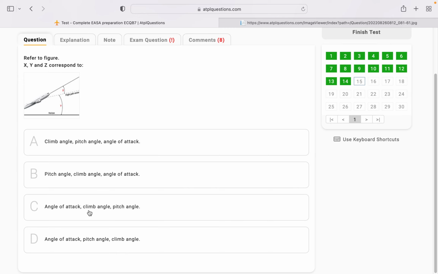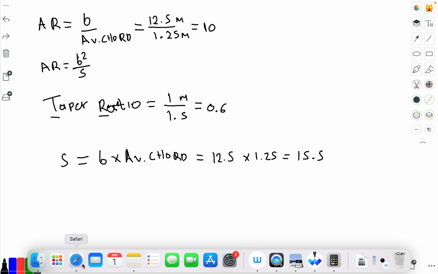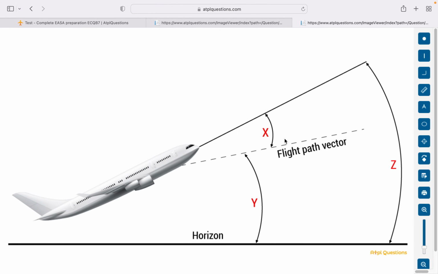Okay. What is the climb angle? The climb angle is the angle between the horizon and the flight path vector, and the angle of attack, as we saw earlier, of the airplane is the angle between the flight path vector, which has the direction of the relative airflow, and the longitudinal axis.